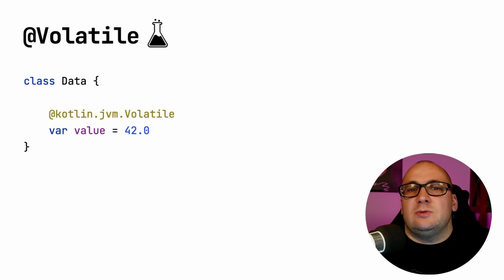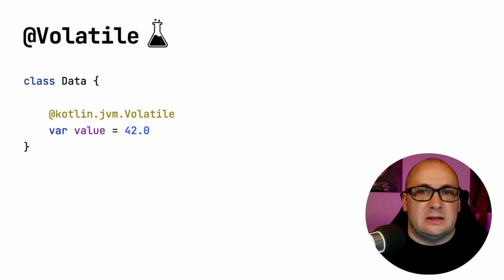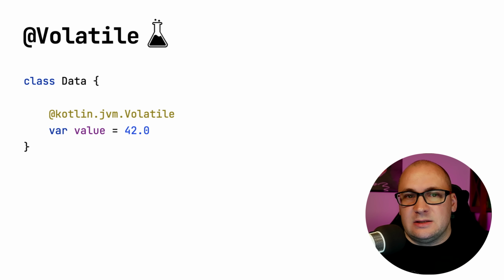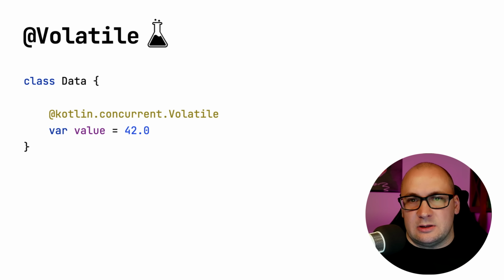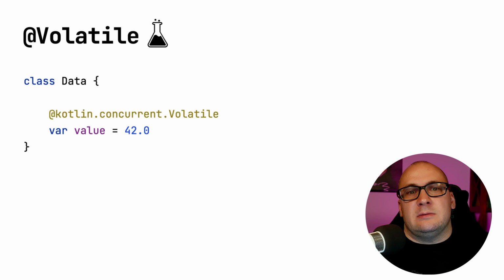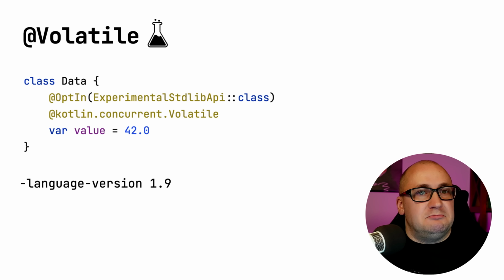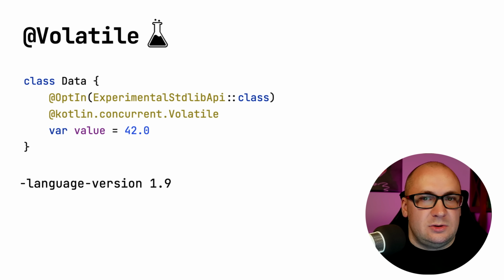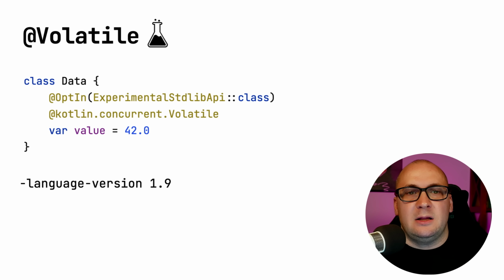But this annotation was only effective in JVM projects, and if you use it in Kotlin Native, it is ignored, which can lead to errors. In this release, we have introduced a common Volatile annotation in the kotlin.concurrent package that you can use in both JVM and Kotlin Native. To try this feature, use the opt-in annotation and set the language level to 1.9 in the compiler options.